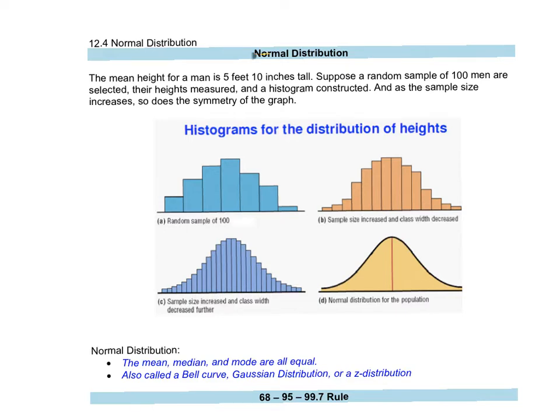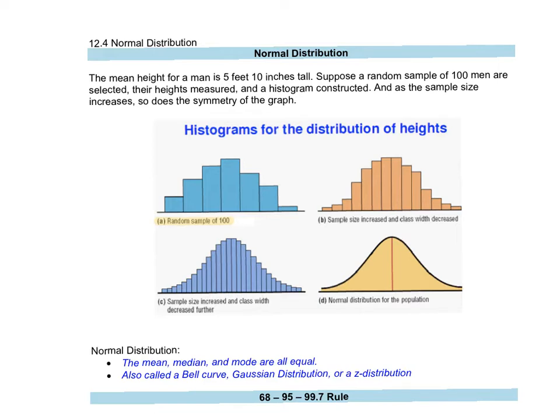Let's just say that the mean height for a man is 5 feet 10 inches tall. And let's say that we have a random sample of 100 men. That would be represented by this first graph A. So let's just say then if we took the heights of these 100 men, that we got this first histogram or bar graph.